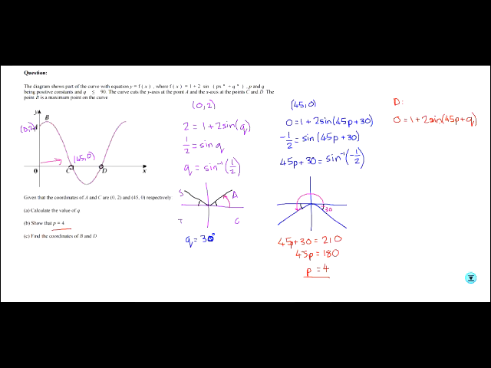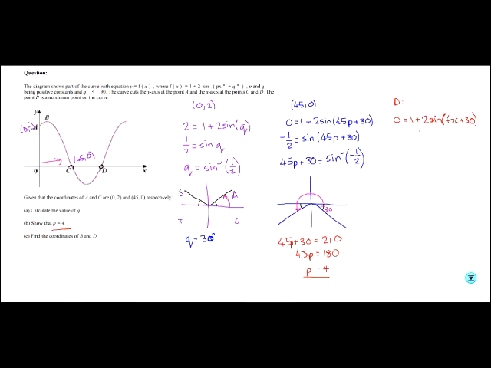I've no idea why I wrote 45. Let me just get rid of that, because I was looking at this blue section rather than the actual question. So it's px, and we know p is 4, so we're going to have 4x, and we know q is 30, so we can put 30 straight in there.